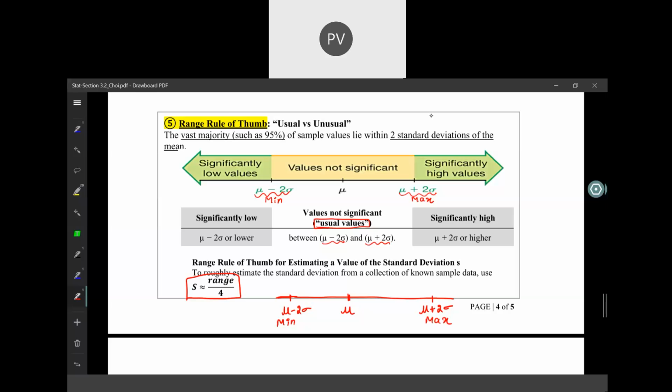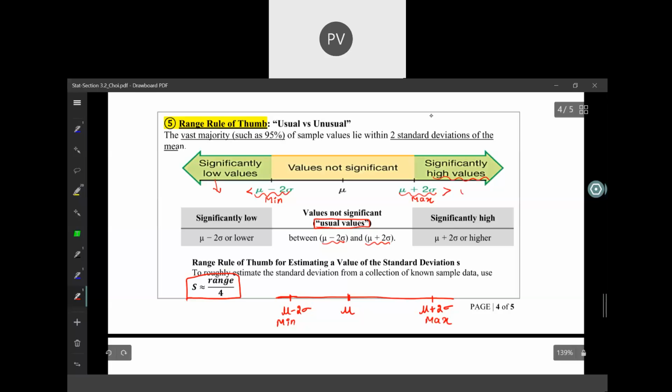Now, for example, if you have a value which is less than this, it is called significantly low values. If you have a value higher than or greater than the maximum value, we call it significantly high values or unusual high values.